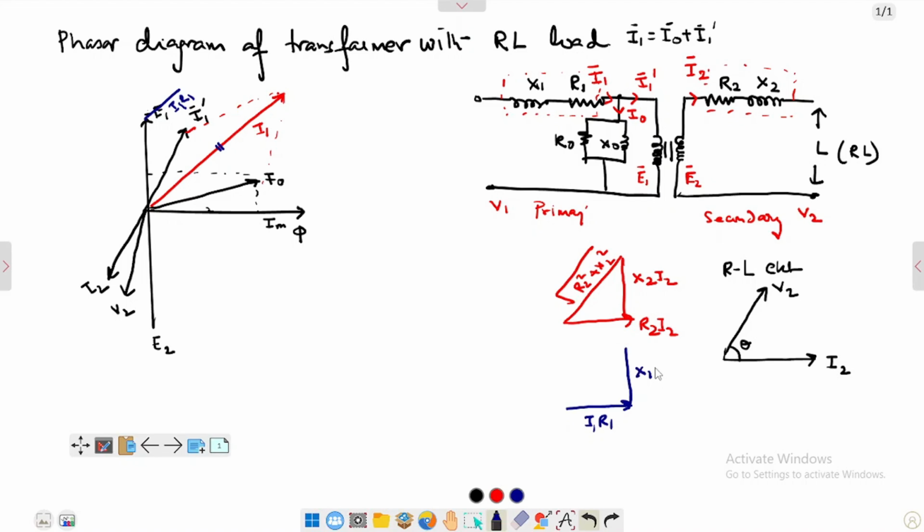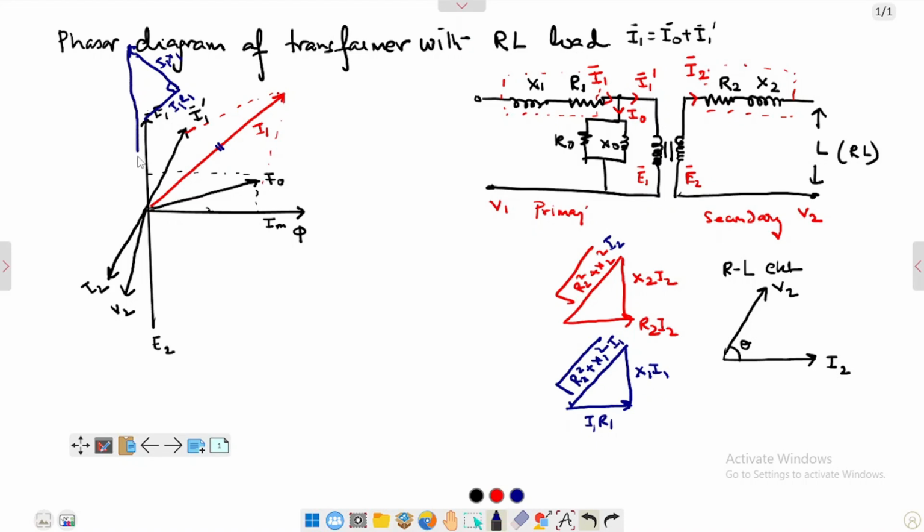So this one is I1 X1, and this is the square root of R1 square plus X1 square, multiplied with I1. Here I will multiply with I2. So then I will draw the 90-degree phasor angle here. And this is my I1 X1.